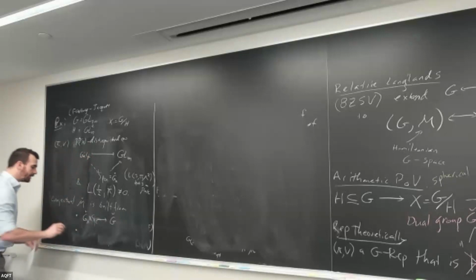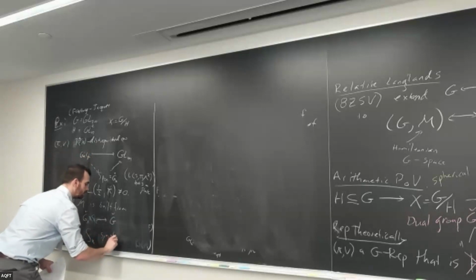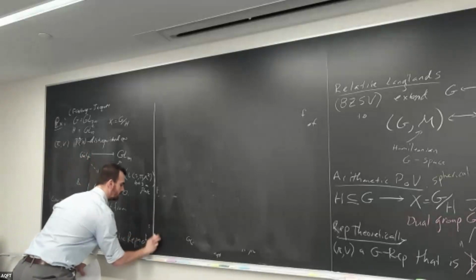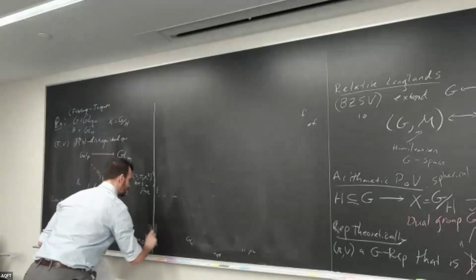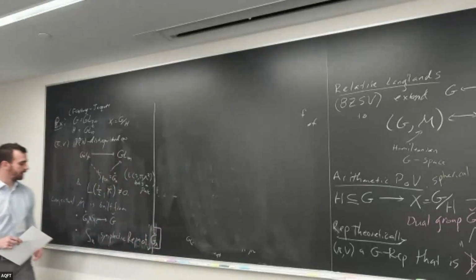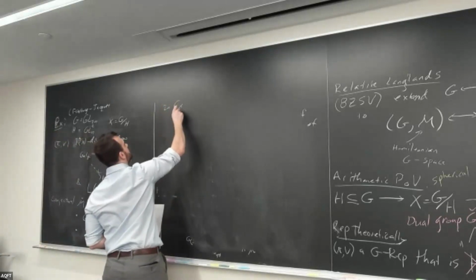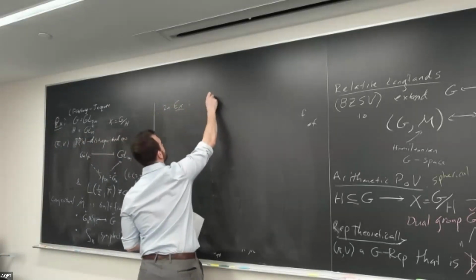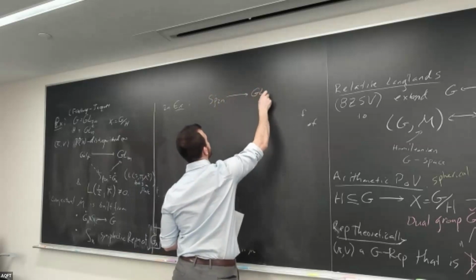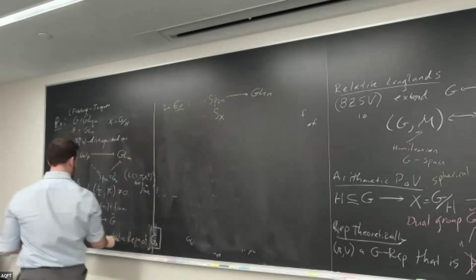And one more piece of data, a symplectic representation of this dual group, G_X check. So in this particular case, in the example, we have the morphism Sp_2N mapping to GL_2N, and this representation S_X, we need a symplectic representation.